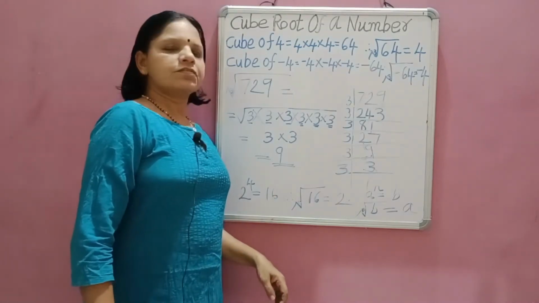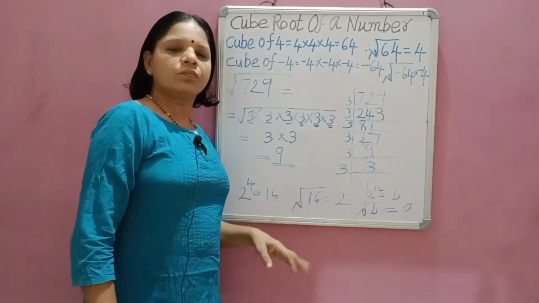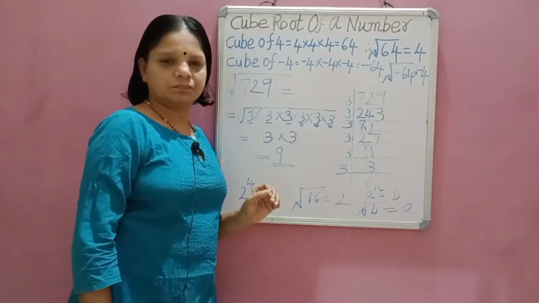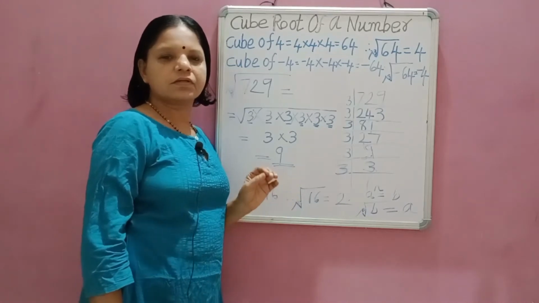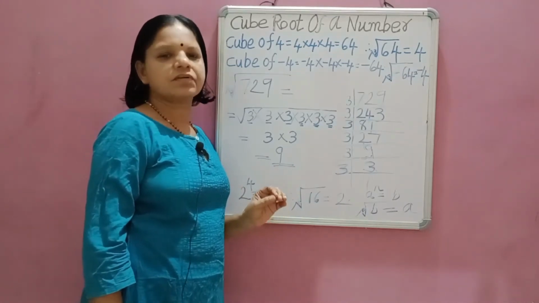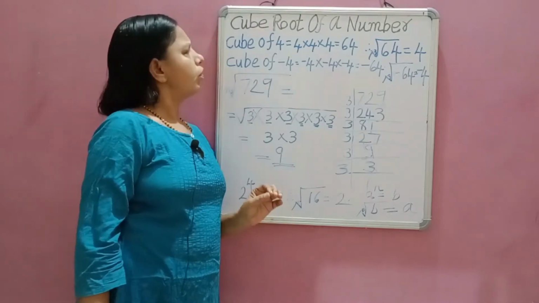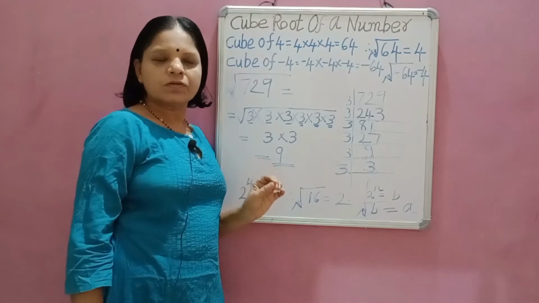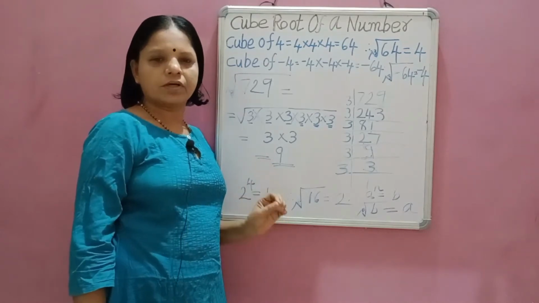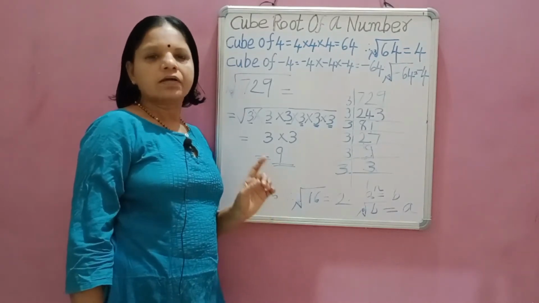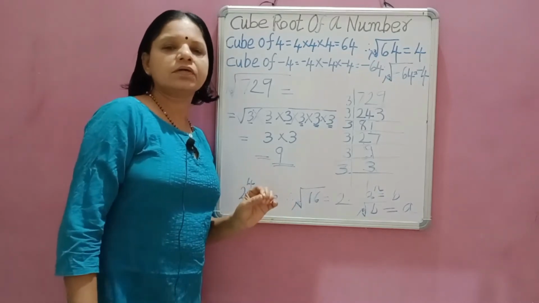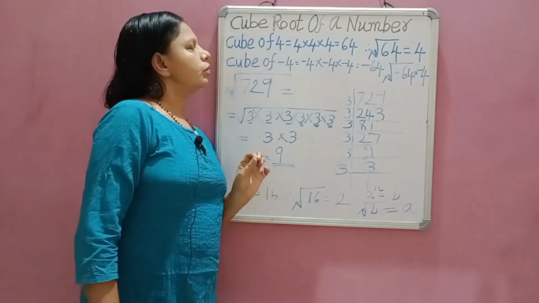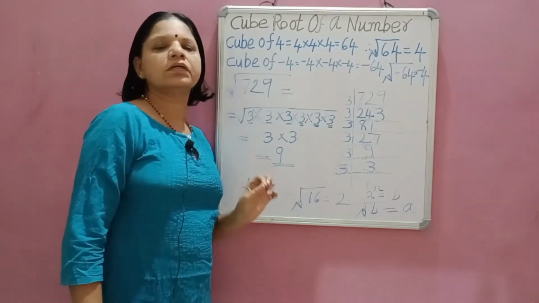So square and cube are nothing but second and third power when expressed in the index form, as indices. Cube is the third power, square is the second power. Similarly, square root is the second root, so cube root will be the third root.